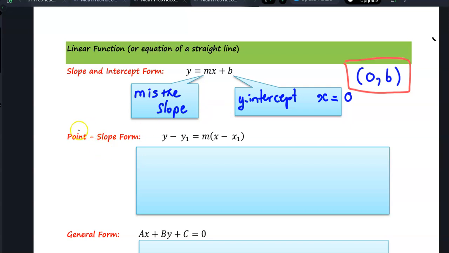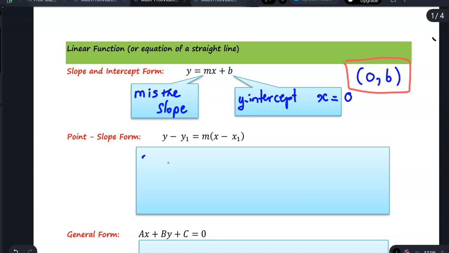So the next one I want to point out to everyone is the point-slope form. You see that it is a little bit different here. Because it is a linear function, you must have y and x present in this equation. So you do have y, you do have x. There's a point, x1, y1, that is given to you.